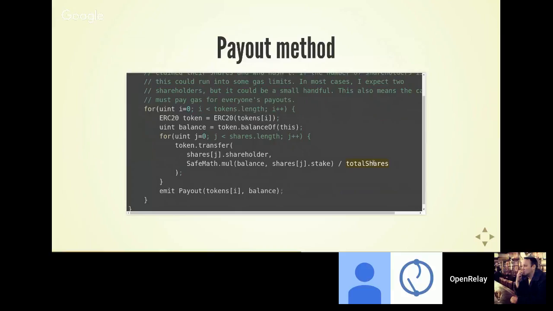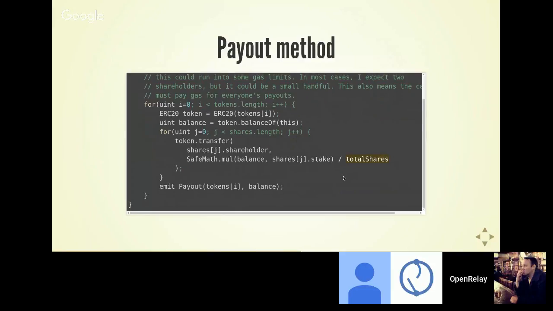Doesn't matter. They get their stake of our current balance of this particular token. There is the possibility of a rounding error, but because of the way we're doing this, we always round down. So any tokens that don't get paid out will just stay in the contract to be paid out the next time somebody calls payout.